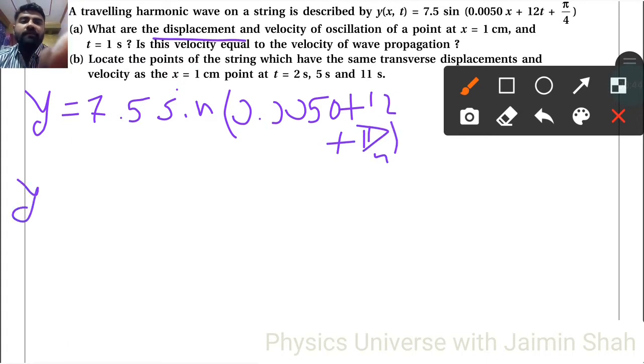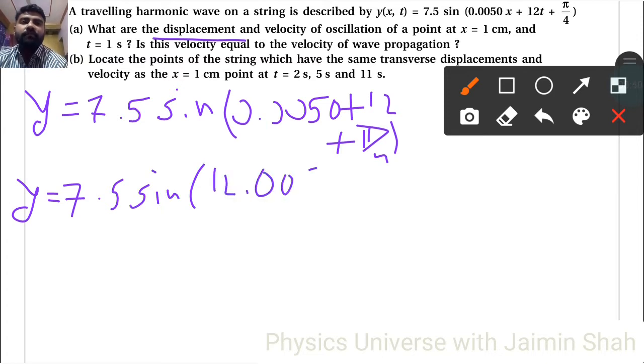So y = 7.5 sin(12.0050 + π/4). Now π/4 means 3.14 upon 4, so that value is 0.785, plus 12.0050, so that is 12.79.